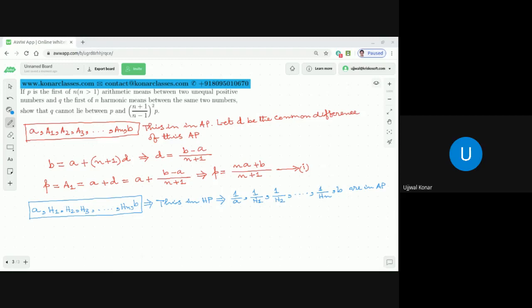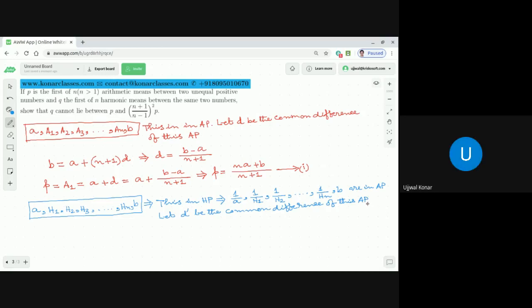Now, as this is in arithmetic progression, let's consider that D dash, D prime, be the common difference of this AP. Correct, dear students?